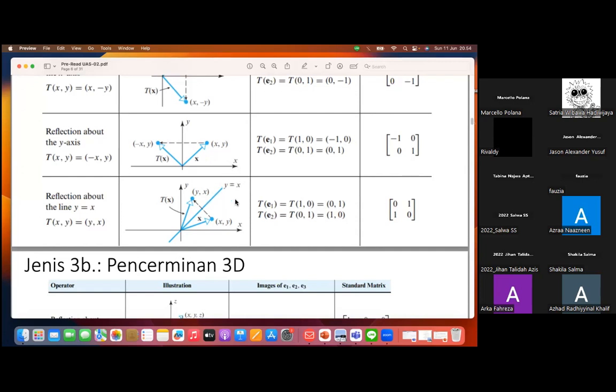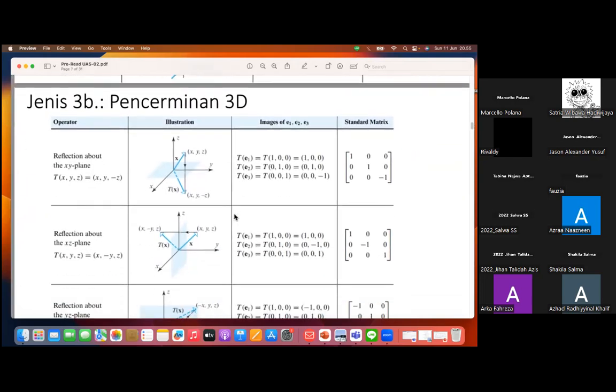So that's a property that you can remember. And the perpendicular distance between x comma y and the reflection line y equals x is the same as the distance between y comma x and the reflection line. So this is D, this is D. So it's the same. The distance between x, y and the mirror line is the same as the distance between y, x and the mirror line. Okay. So yeah.